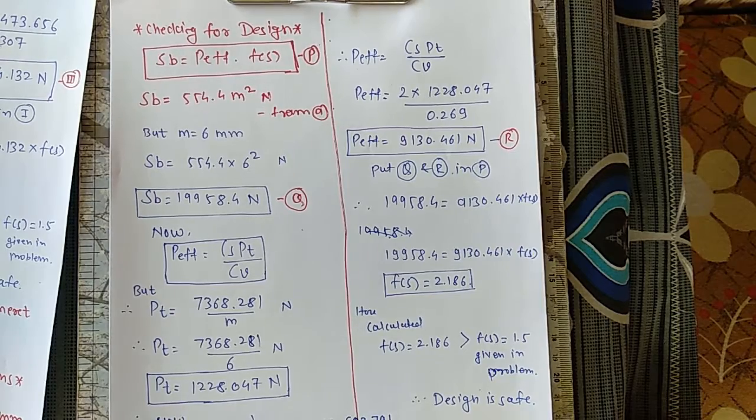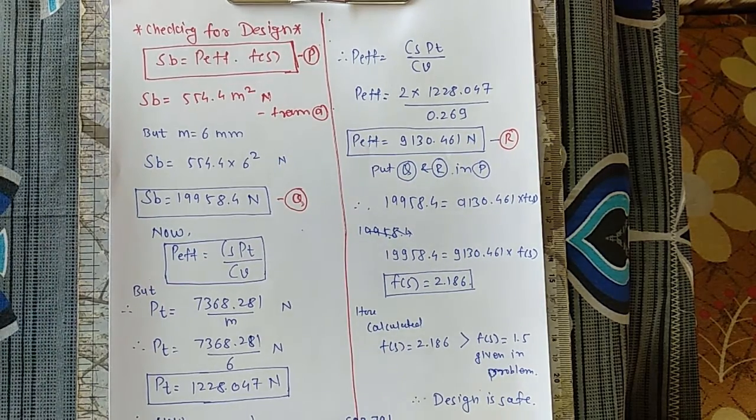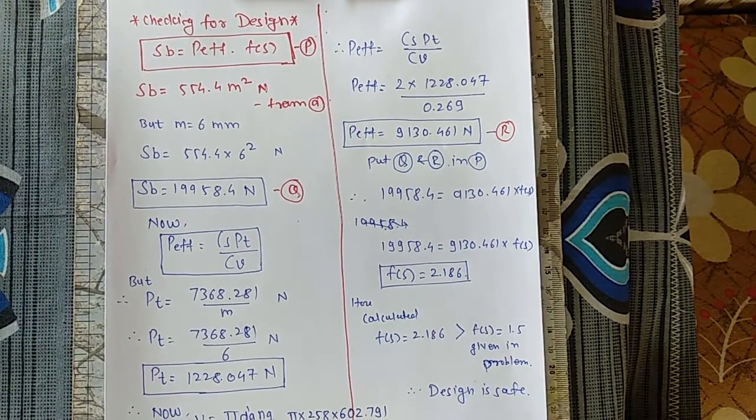This is nothing but the problem on estimation of module or gear design by using velocity factor when both the gears, that is pinion as well as gear, are made up of different materials. Okay, thank you.